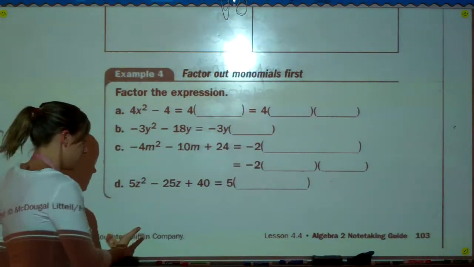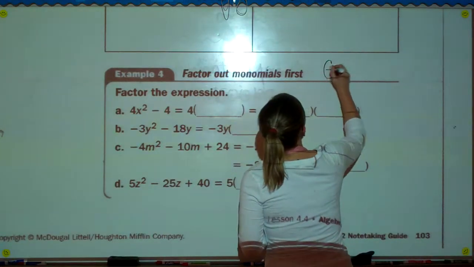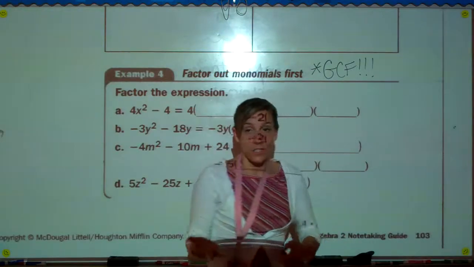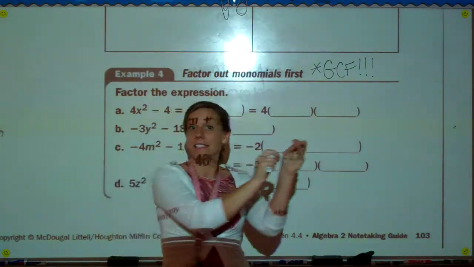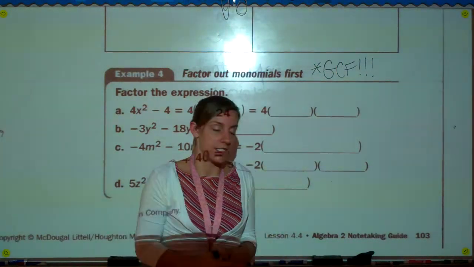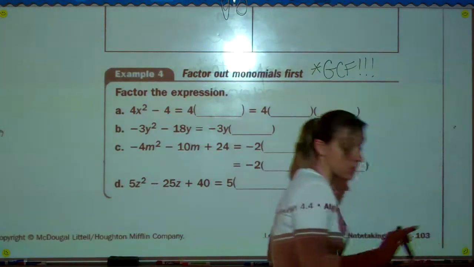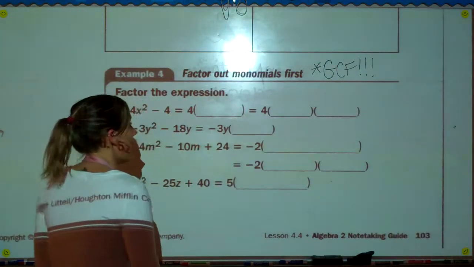So that is the GCF. You always want to look for the GCF. I just wanted to break it down into the different things you could see before you worry about seeing the GCF every single time. But you always want to look for that first. Always, always, always. We're just starting to get into that habit now, okay?